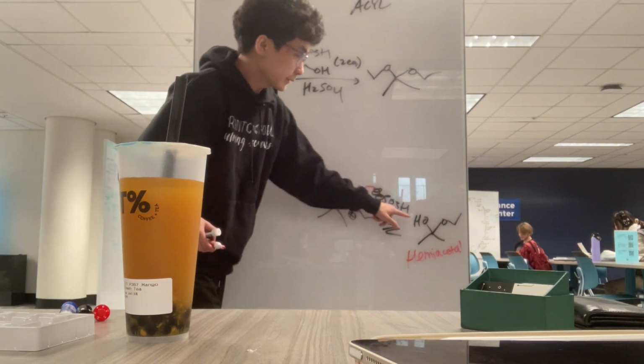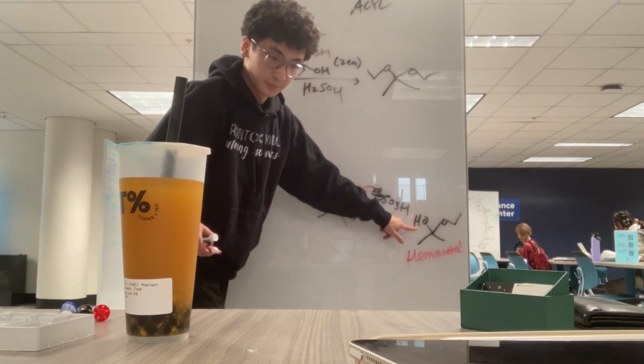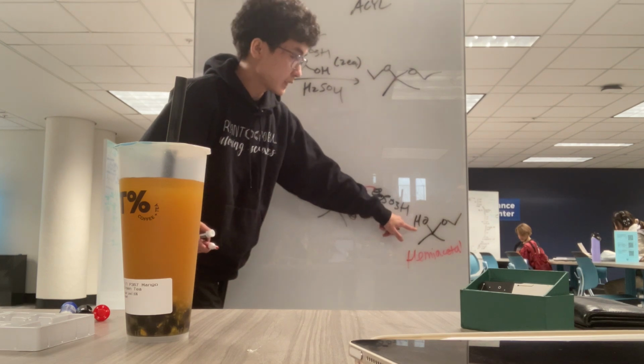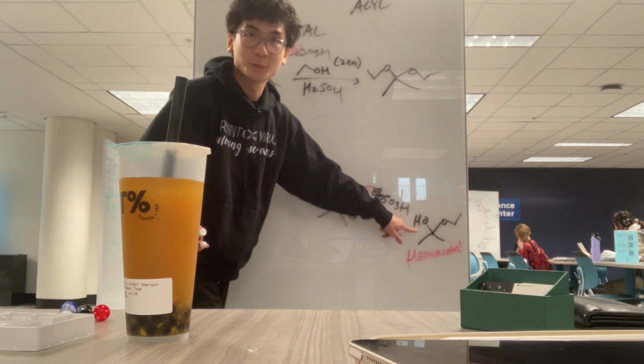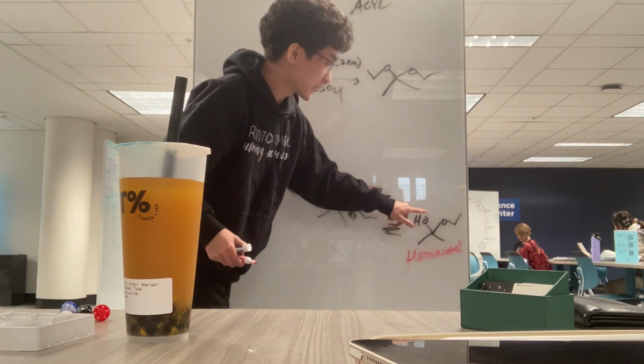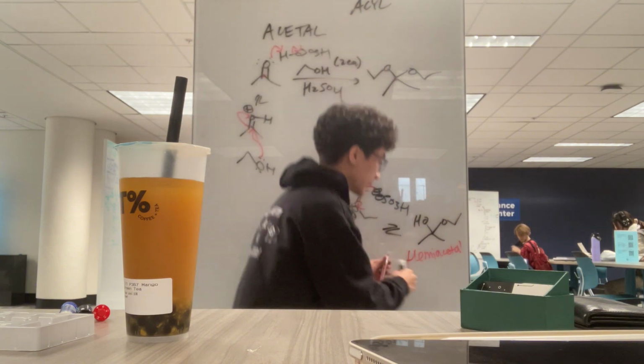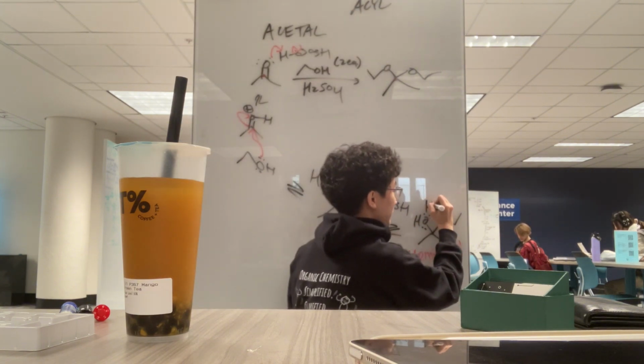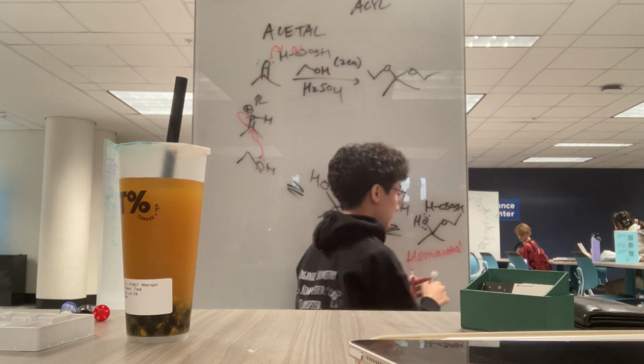So we want this group to leave, but right now it's a bad leaving group. How can we convert this bad leaving group into a good leaving group? We want to make it into water. And to make it into water, we have to protonate it with a strong acid, H2SO4.